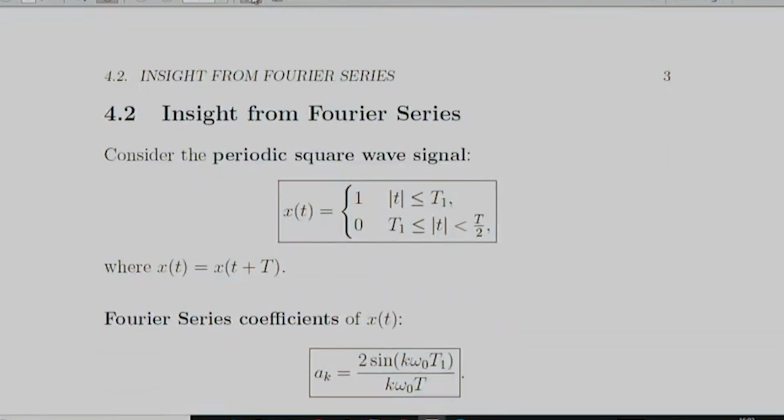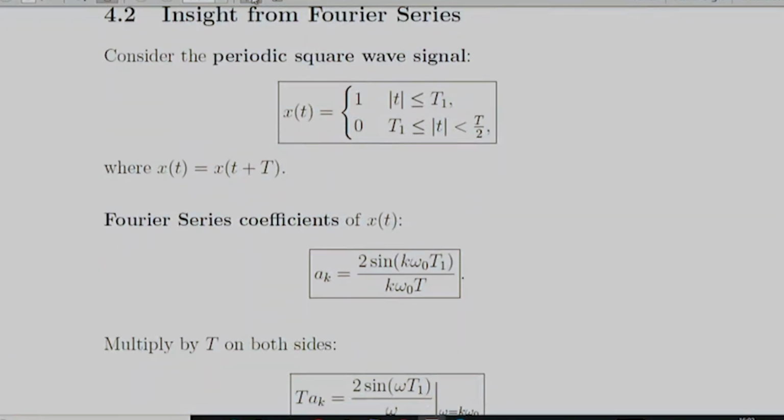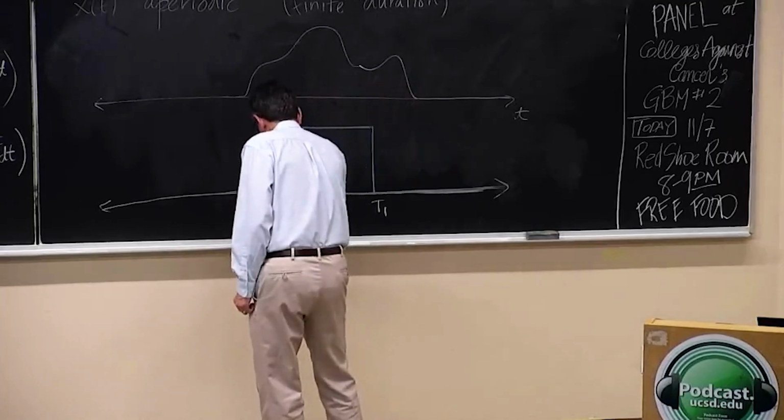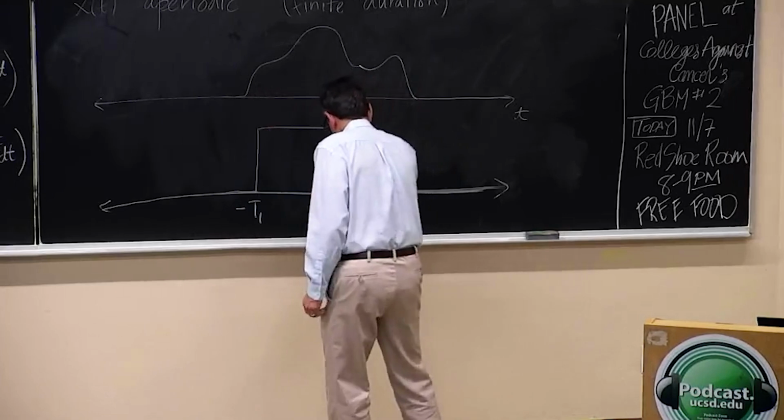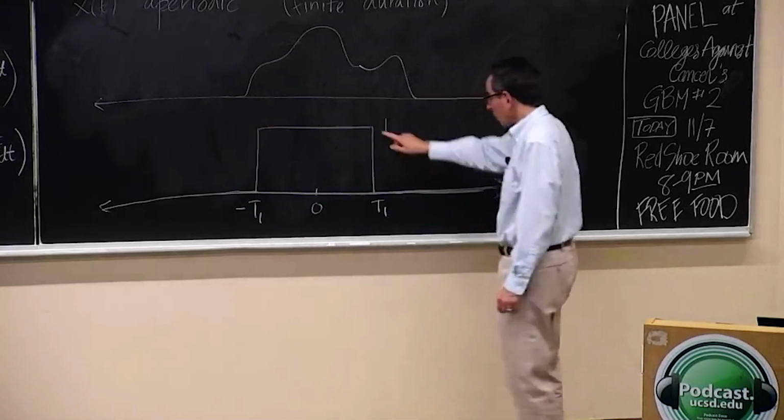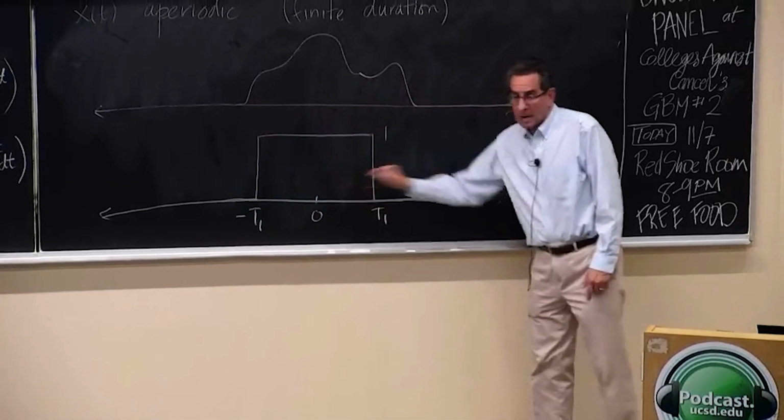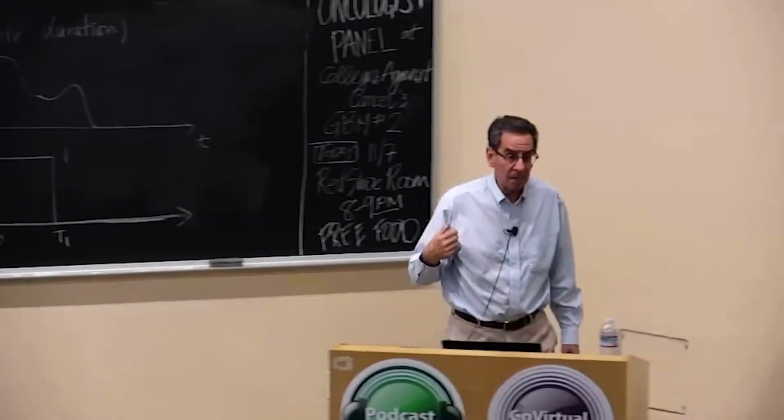So here's the idea described in terms of this square pulse, or rectangular pulse, I should say. It's going to be something that is amplitude 1 from minus T1 up to T1.